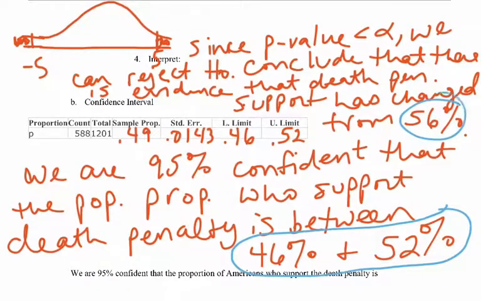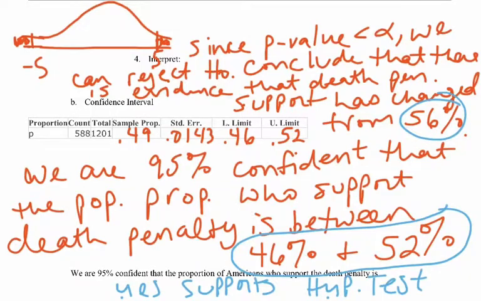Notice what number is not in your confidence interval. 56%, right? So I don't have room on here, although I think you have it in your notes somewhere. It says something about how do these two things compare? Does this support the hypothesis test? So yes, this absolutely does support the hypothesis test. So if you want to jot that down somewhere. Yes, this supports the hypothesis test.